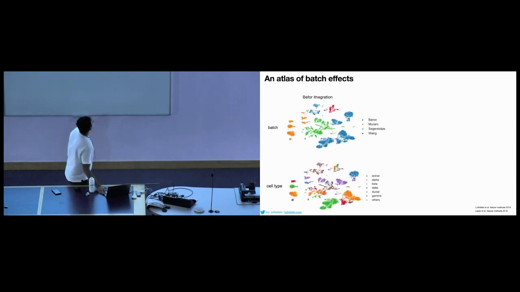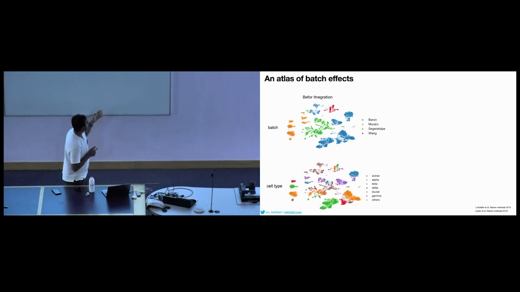So here, I just want to repeat that once more and show you that, as you see here in the first row, you'll see 4 different datasets colored by 4 different colors. So each dot is a cell. And this is a UMAP representation, so basically a 2D representation of the data.